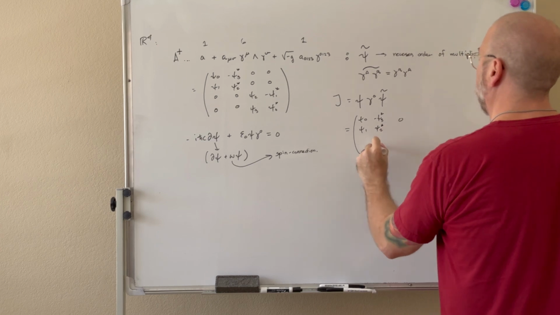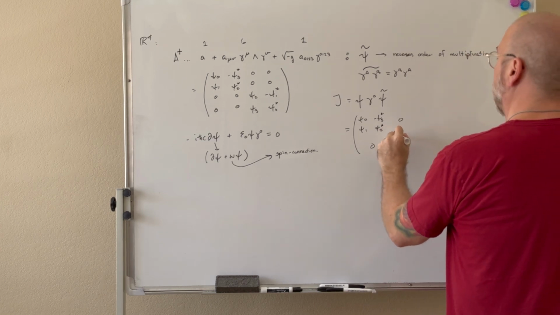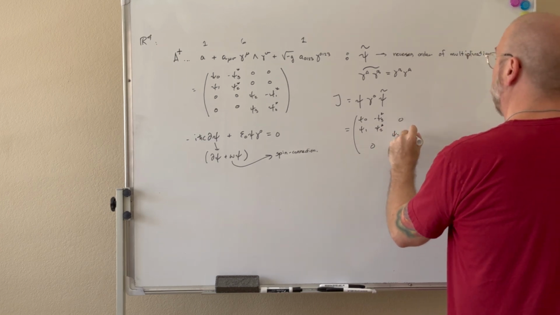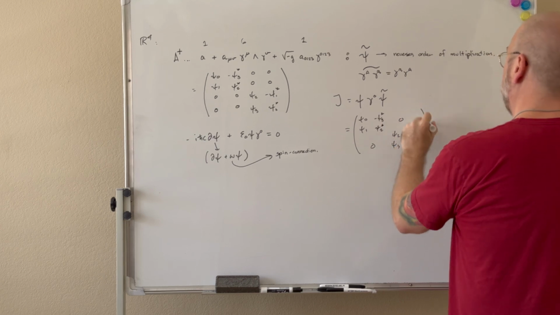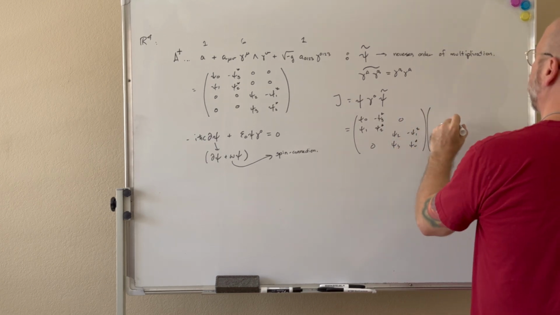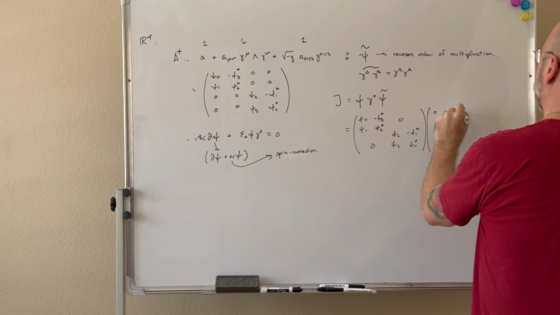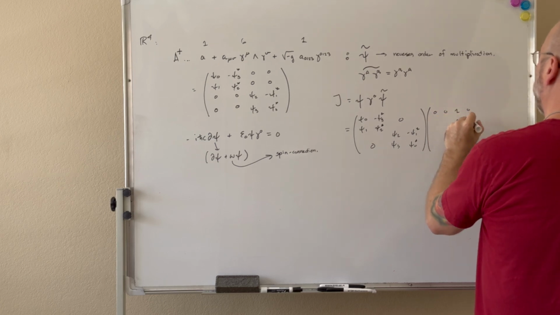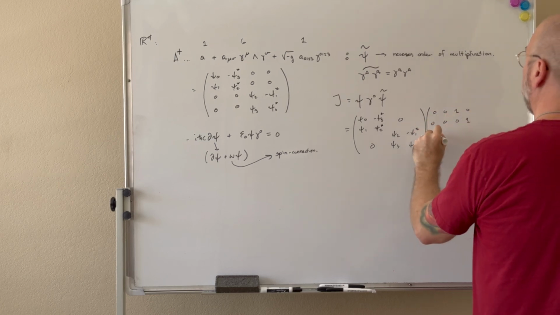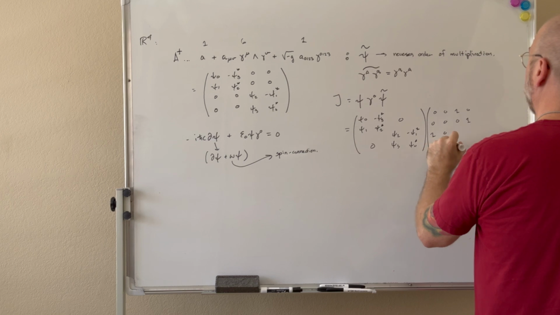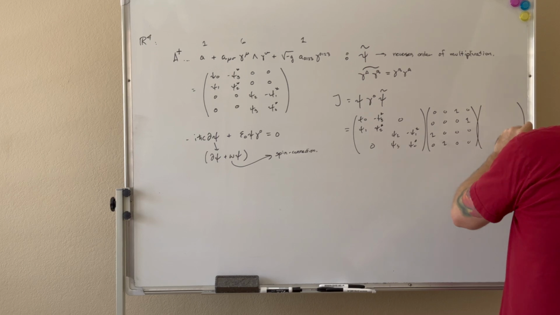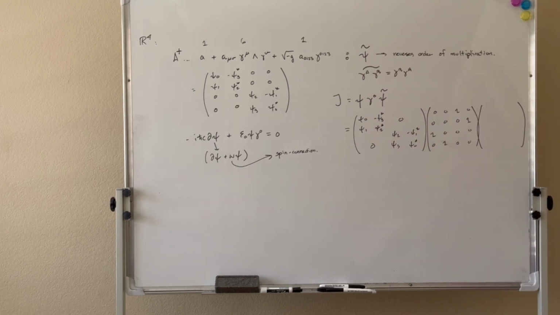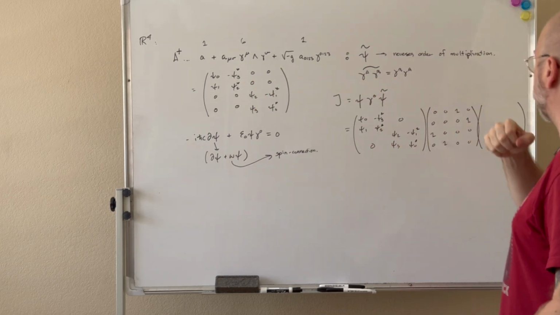We write it in matrix format. In the Weyl formalism, gamma 0 looks like this. What does tilde look like given this construction?